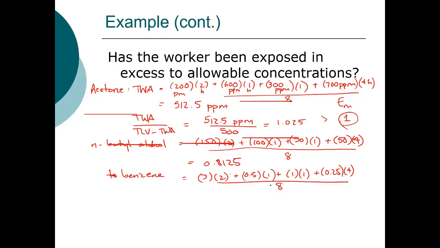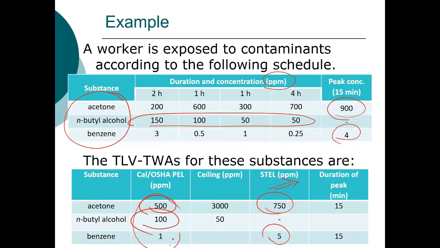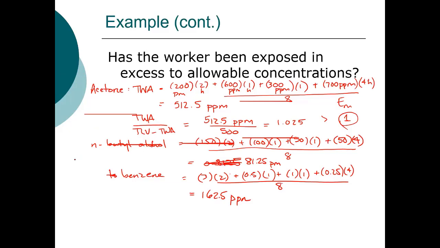Divide that all by 8, and that is equal to, I apologize, this is 81.25. The PEL was 100, so if we take 81.25 divided by 100, that's 0.8125. So that's parts per million.